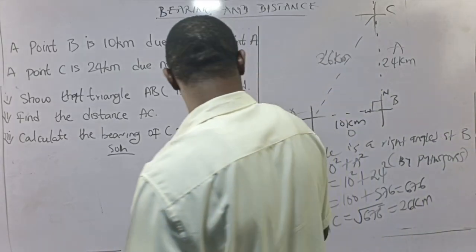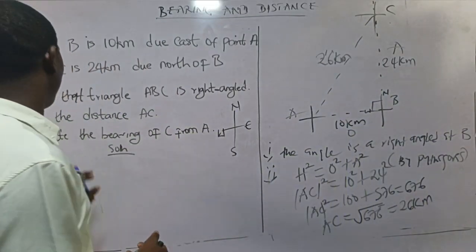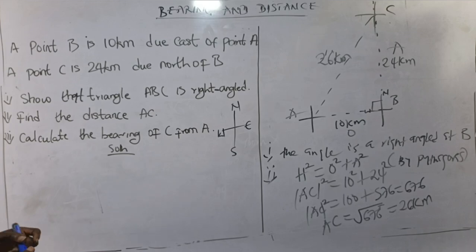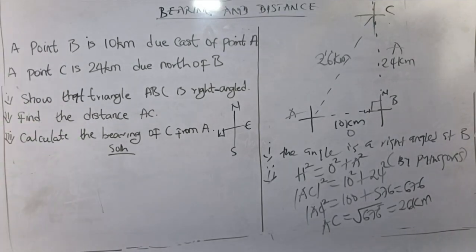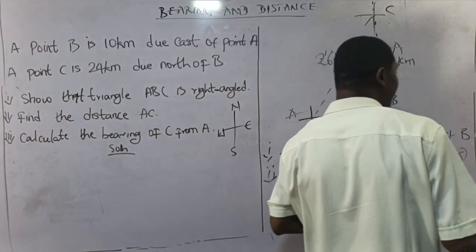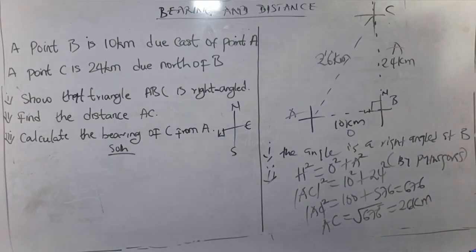Now we are also asked in part 3 to calculate the bearing of C from A. Using this same diagram, how do I get my C from A?